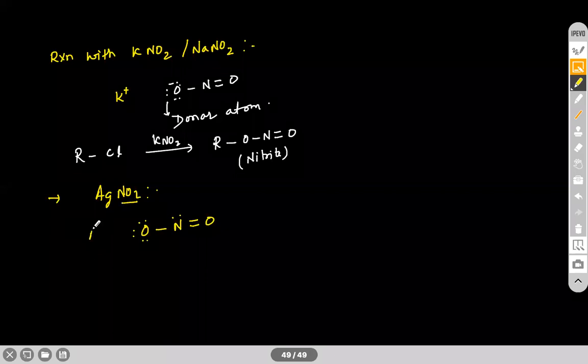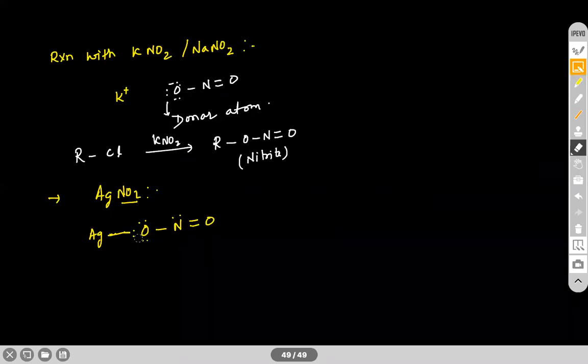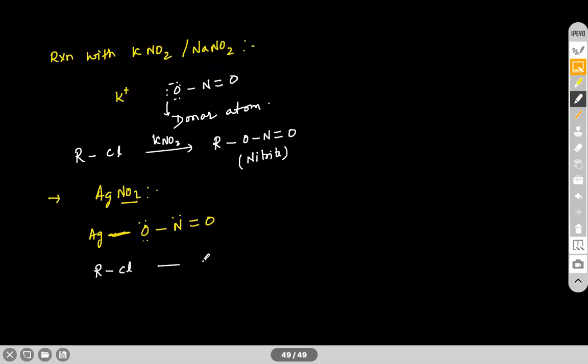It's a basic, covalent compound. It is attached with this. So the donor atom is nitrogen here. With the same logic, donor atom is nitrogen. So with AgNO2, RCl converts into nitroalkane, RNO2. Right? This is nitroalkane.